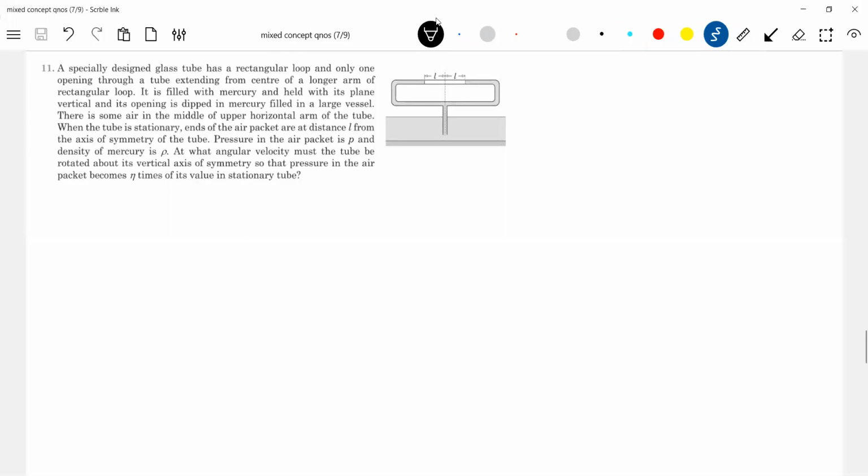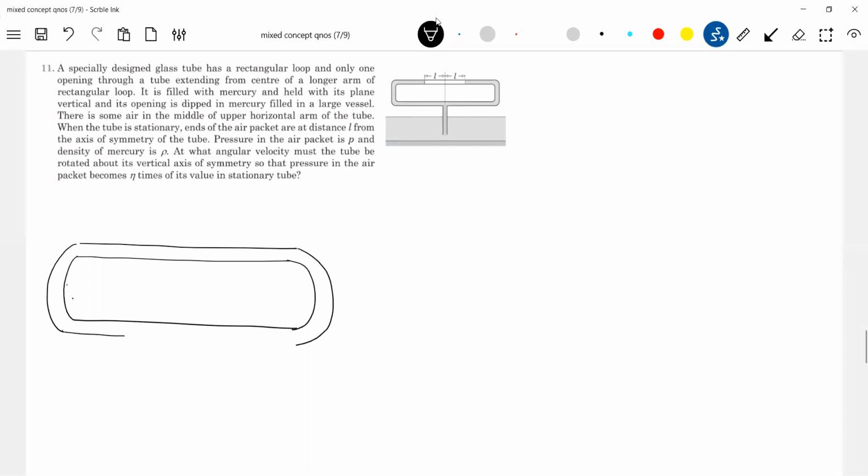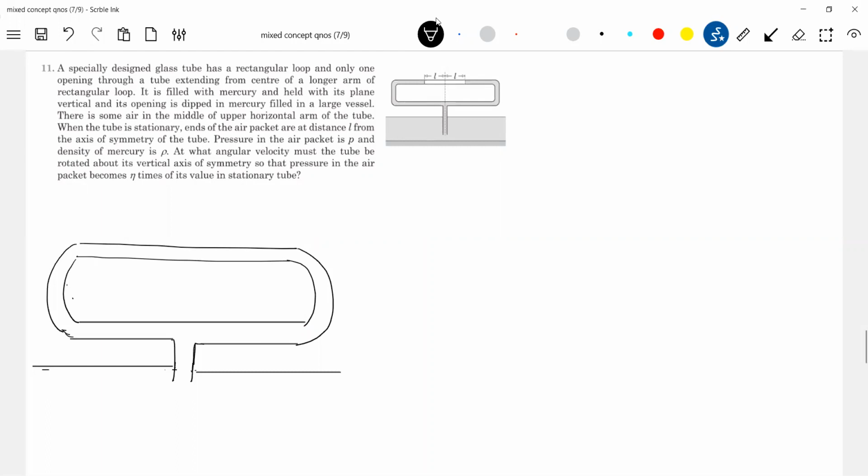Okay, meanwhile, you read and understand, and I'll put up the diagrams. So there's one diagram.